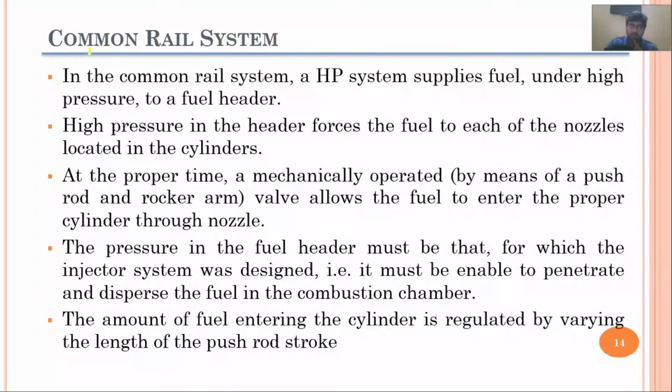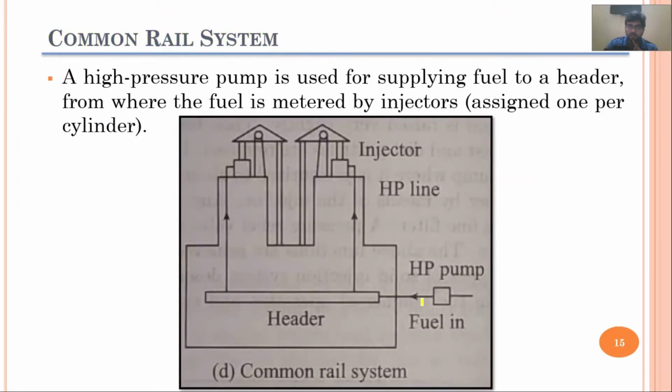Then we studied the common rail system, and in this configuration we have seen that we have a single high pressure pump, and it will pressurize the header, and from that header the fuel would be going into each injector present in the cylinders.